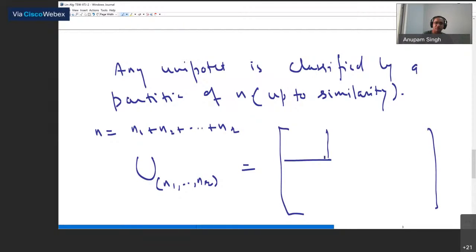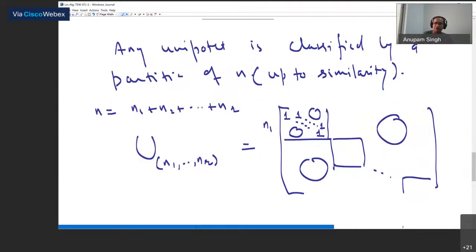The first block is of size n1. And this time the block will have diagonal entries also 1, and 1 above the diagonal, and 0 everywhere else. So there will be this kind of blocks. This will be an n1 by n1 block, this will be an n2 by n2 block, and so on. And the last one will be an nr by nr block, and everything else is 0.